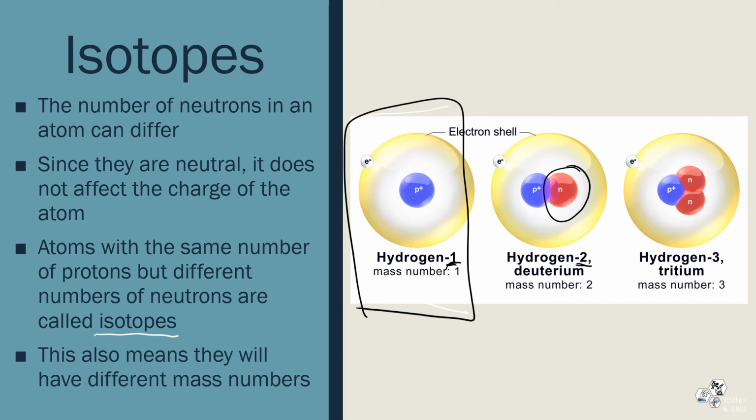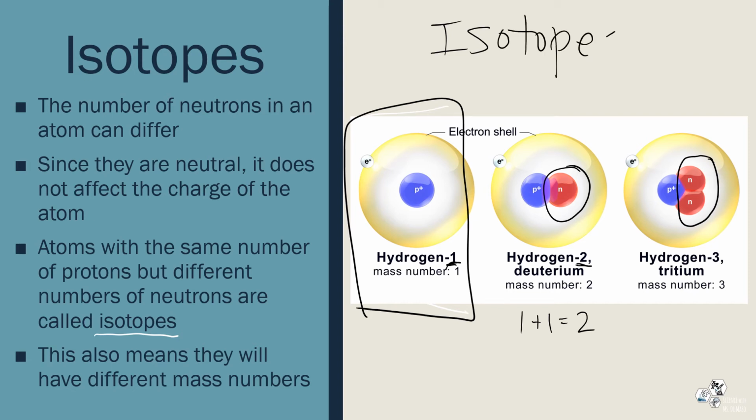These numbers are just referring to the mass number. Hydrogen 1 has only one proton, so my mass number would be 1 plus 0 neutrons, which is 1. In this case, I have one proton plus one neutron, so my mass number would be 2. And then you have hydrogen 3, or tritium, and that has 2 neutrons in it. So these are all isotopes of hydrogen.